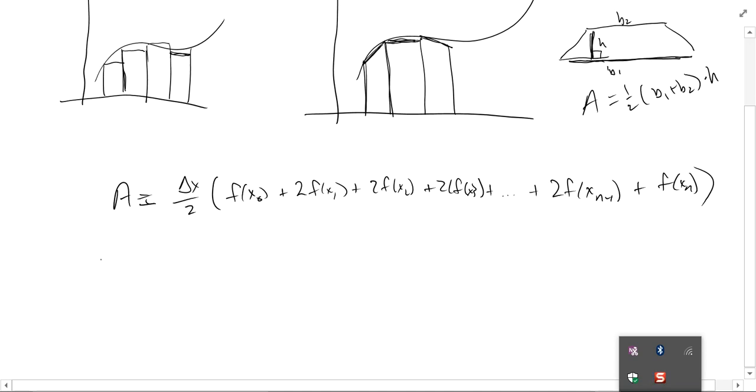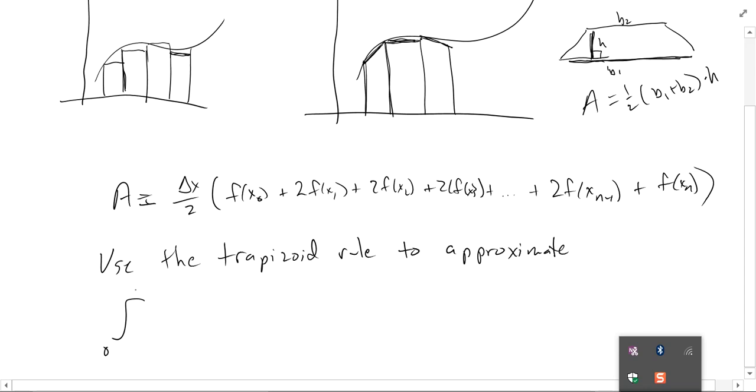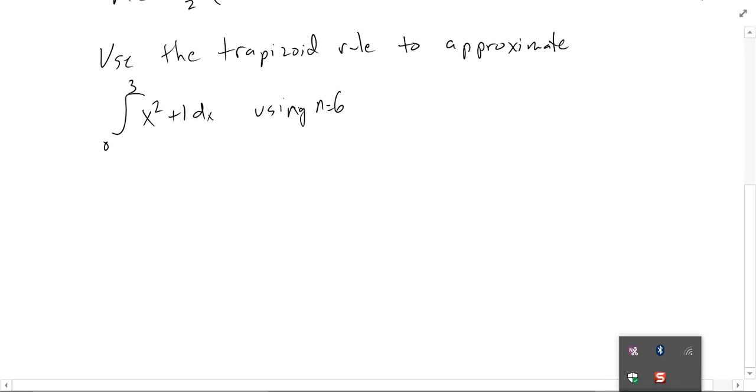So as an example, if I want to use the trapezoid rule to approximate the definite integral from 0 to 3 of x squared plus 1, using n equals 6, so 6 subdivisions, we need our delta x.